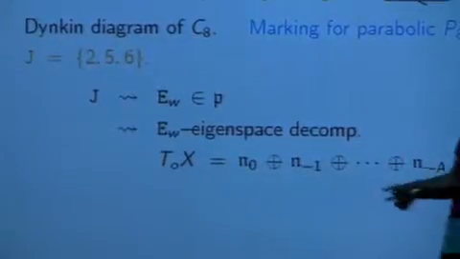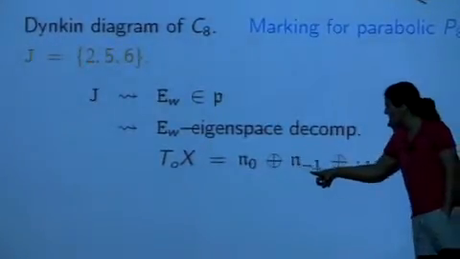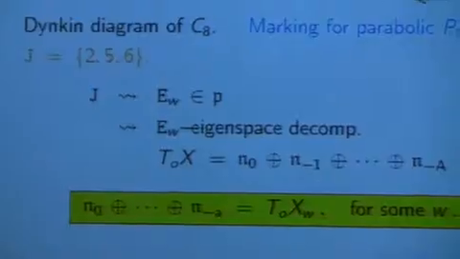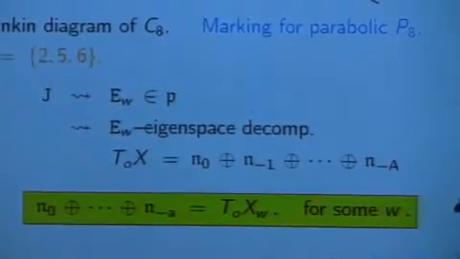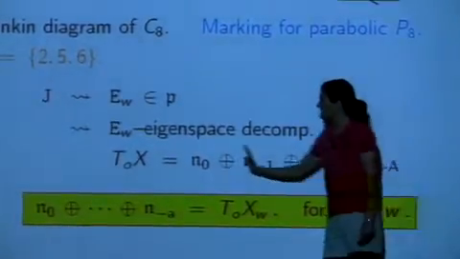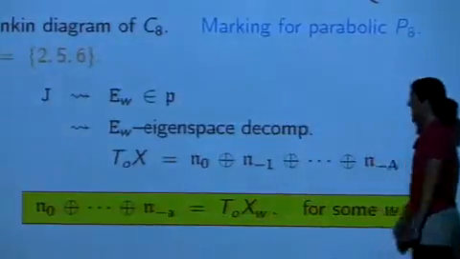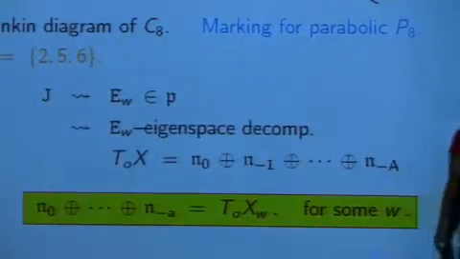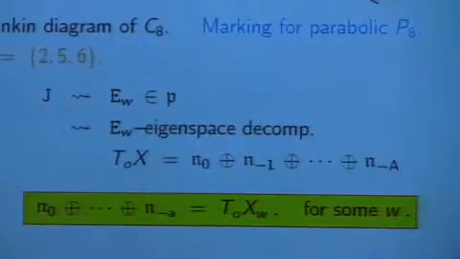So for example, E_W will act on this component by -1, on this component by -a. And then if you take a subset of this decomposition working backwards down to 0, what you get is necessarily a tangent space for some Schubert variety. And once you know what the tangent space for that Schubert variety is, that's sufficient information to determine what's going on.